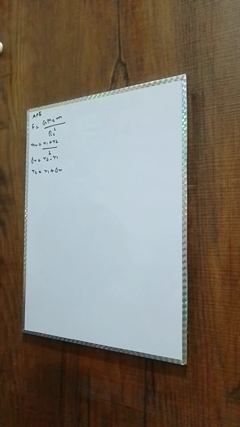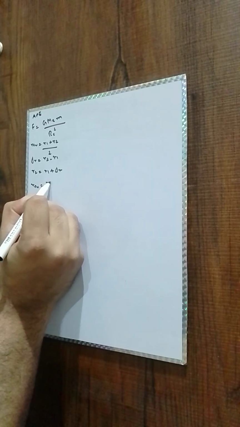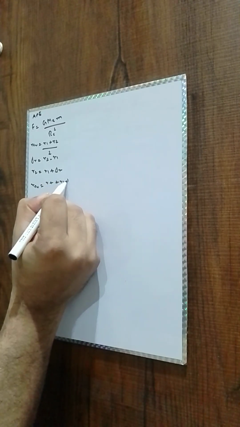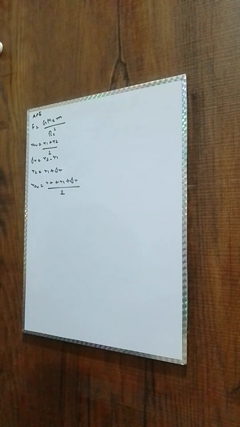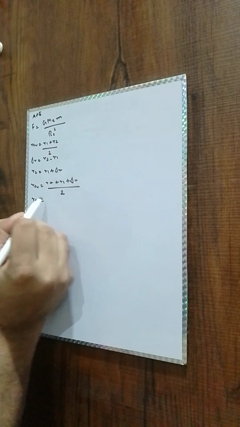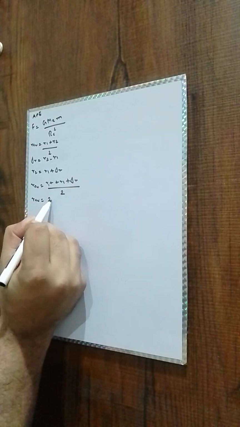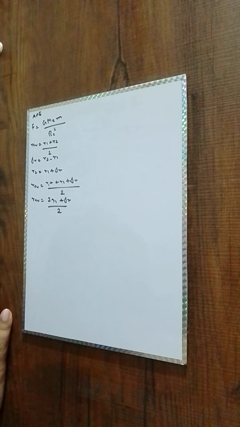Okay, so our average would be r1 plus r1 plus delta r by 2. Yes, we put r2 as r1 plus delta r, which becomes our average is equal to 2 r1 plus delta r by 2.